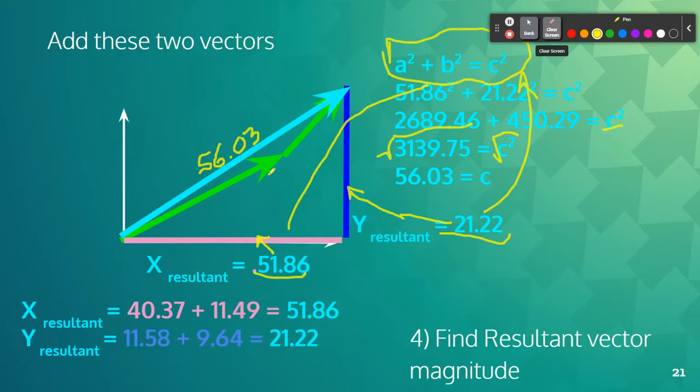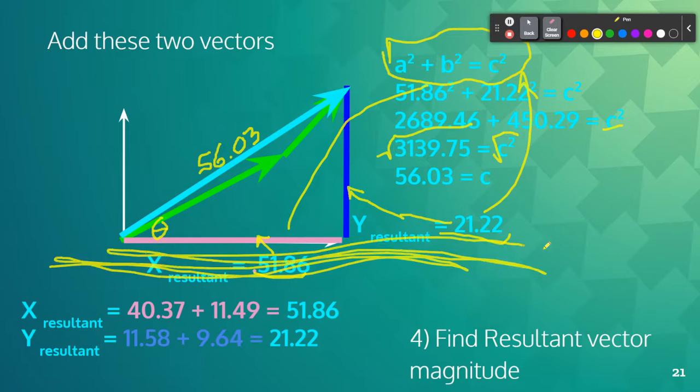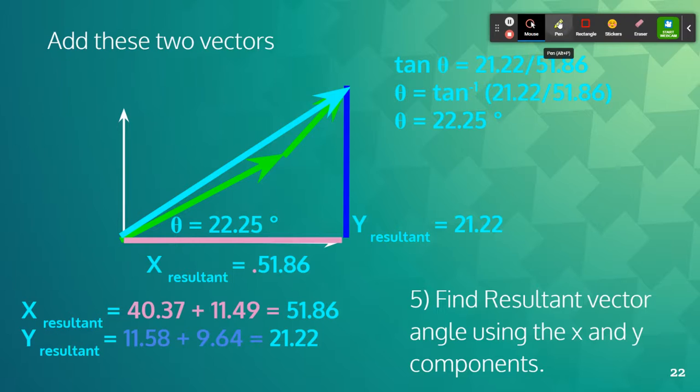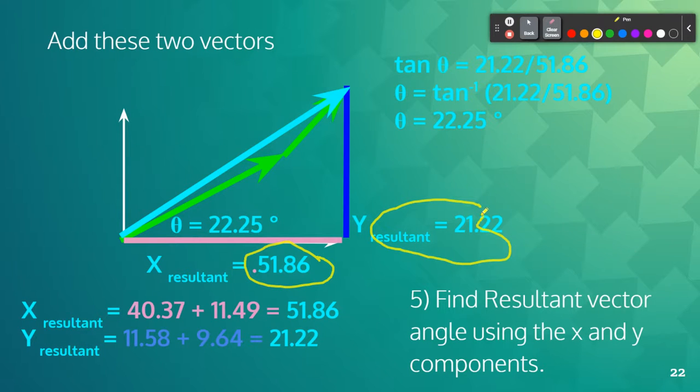Now the other thing that I need to figure out is my angle. And so the angle goes down here in the bottom left. It's usually always relative to the horizontal. Horizontal is this way. And so I find that out by doing trig. So again, I'm going to think about SOHCAHTOA. I have my adjacent, I have my opposite.